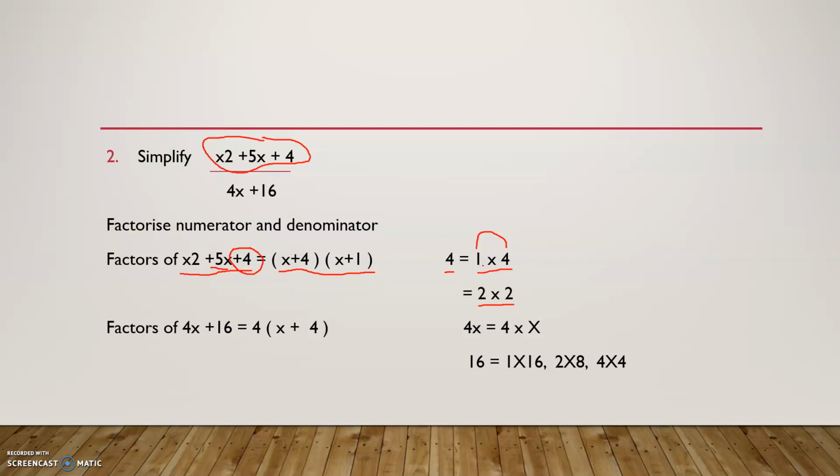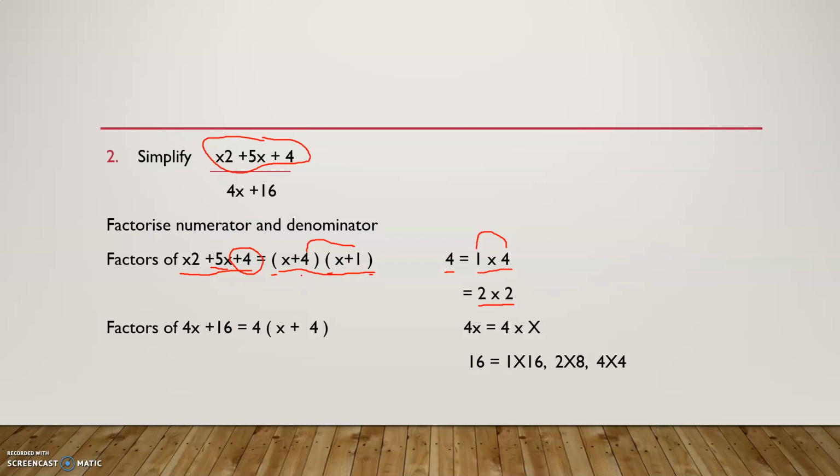And if we add these together, 1 plus 4 is 5, so that gives 5x. So we put two sets of brackets, x here and x there, and then we put 4 and 1. If we multiply these two together we have positive 4, and if we add them, 4 plus 1, we have 5.